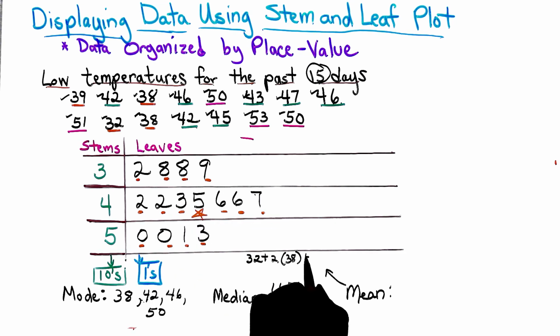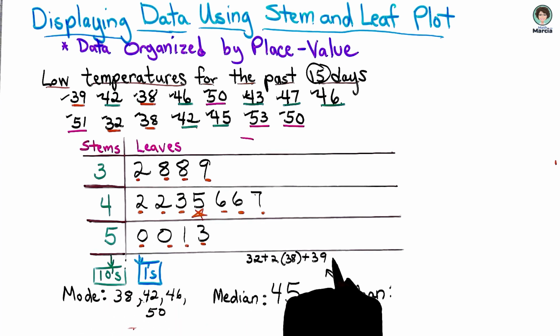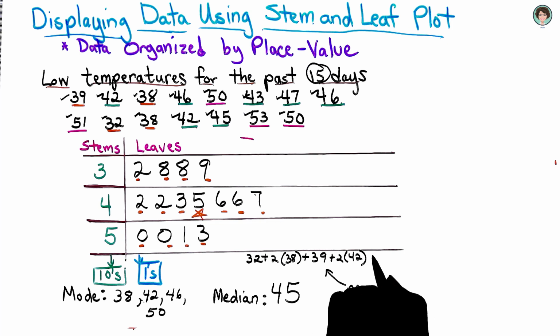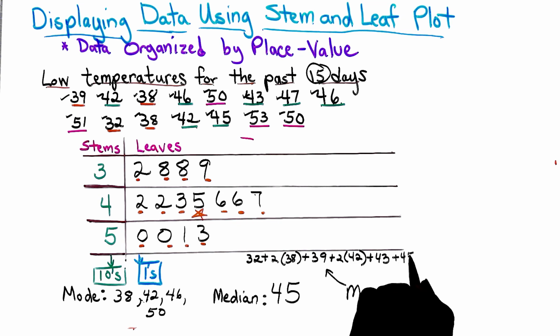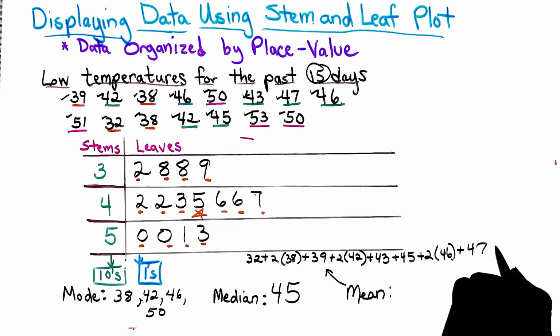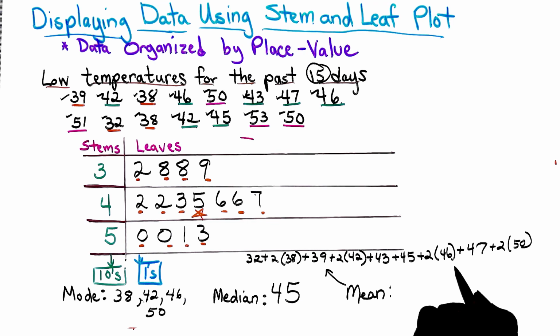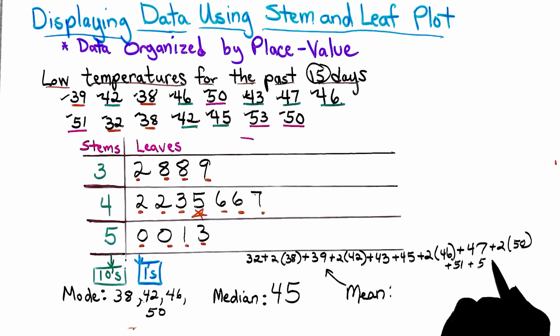I only had 1 39. Going to my 40s, I have 2 42s, 1 43, 1 45, 2 46s, 1 47, 2 50s, 1 51, and 1 53.